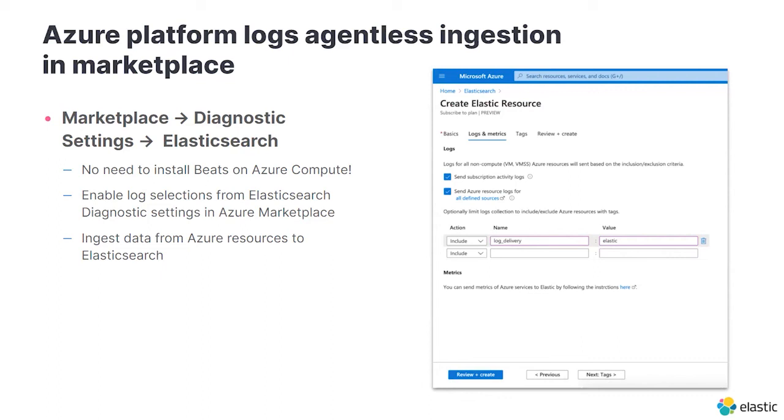You just enable log selections within this configuration screen and start ingesting logs, activities, and events from various different Azure services directly into Elasticsearch. Just because of the time today, we won't have anything to show you, but we do have a separate session that shows how you can provision Elasticsearch service from Azure Marketplace and set this ingestion up all within the Azure console.